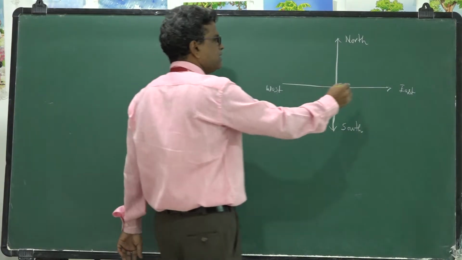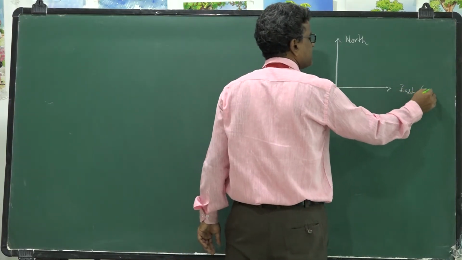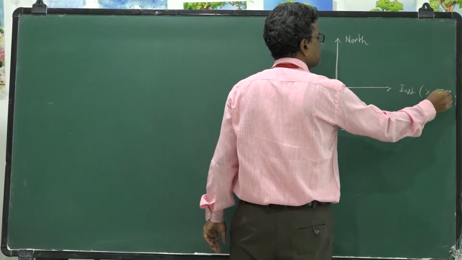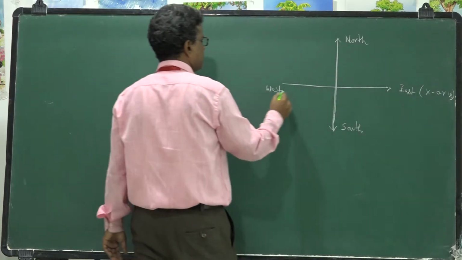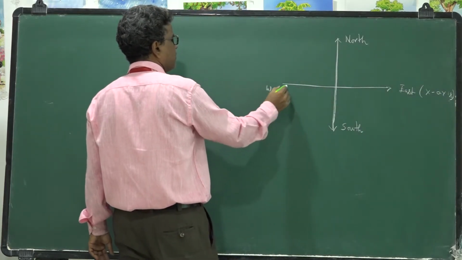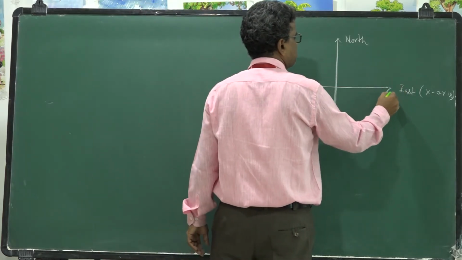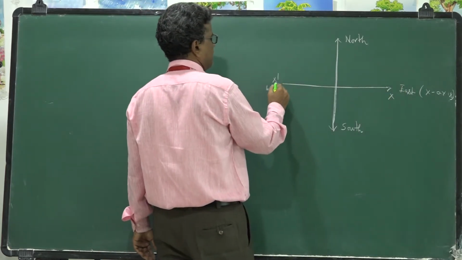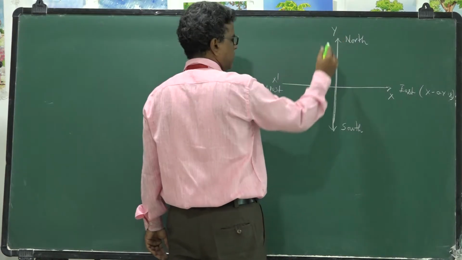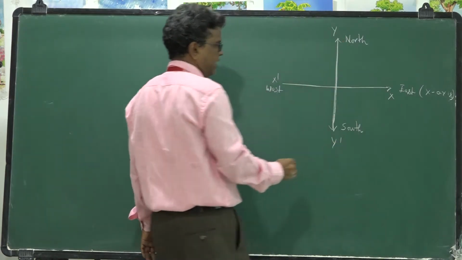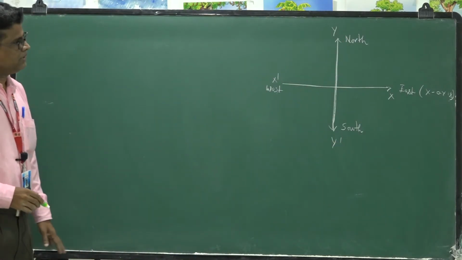Otherwise, east we can take as the positive x-axis, west as the negative x-axis, and similarly positive y-axis and negative y-axis, in two dimensions.